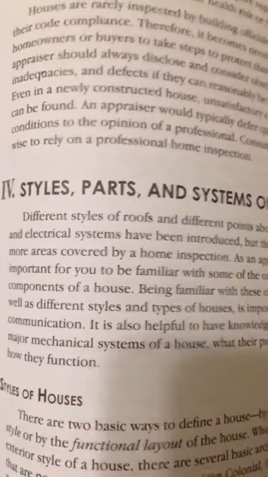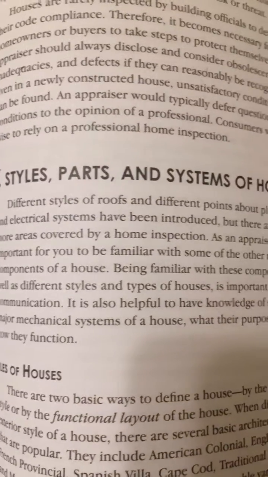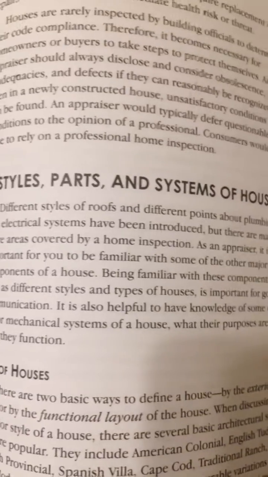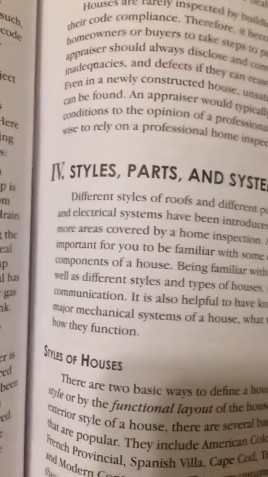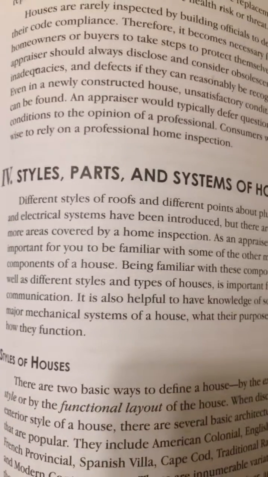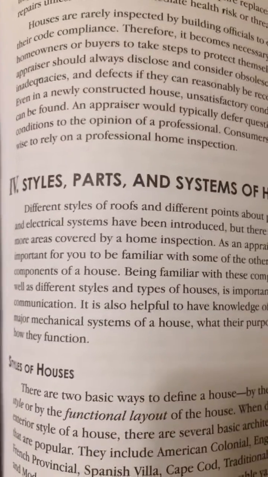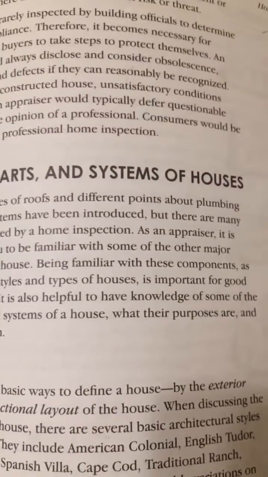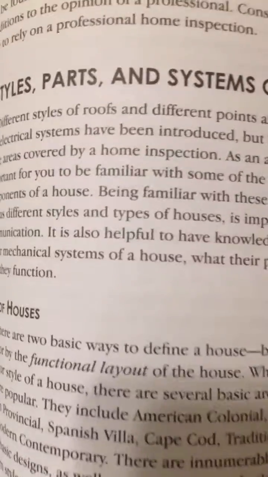4. Styles, parts, and systems of houses. Different styles of roofs and different points about plumbing and electrical systems have been introduced. But there are many more areas covered by a home inspection. As an appraiser, it is important for you to be familiar with some of the other major components of a house.